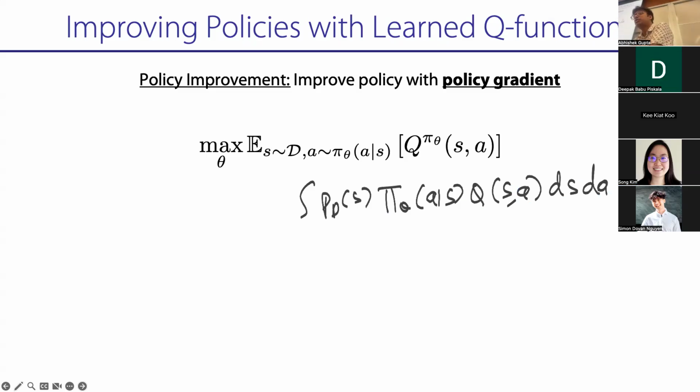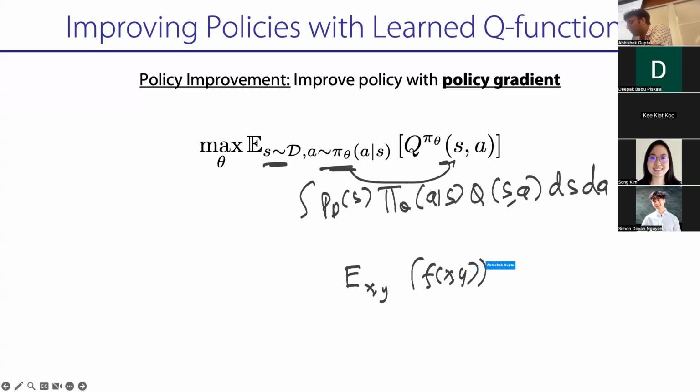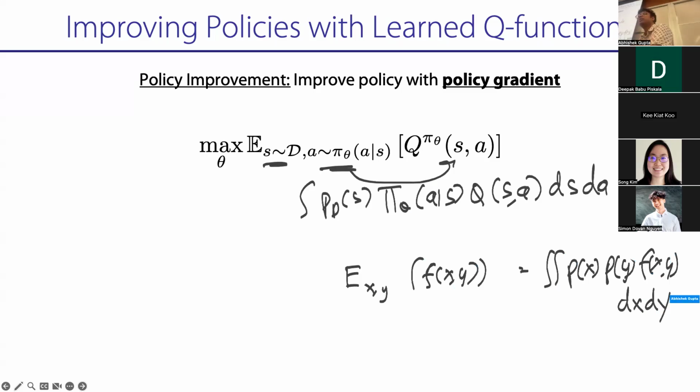To compute this expectation, you sample states from your data set, you sample actions from your policy, and then you stick S and A into your Q function. If I'm doing an expectation over X, Y of f of x, y, you can think of that as a double integral p(x), p(y), f(x, y), dx, dy. In this case, x is states, y is actions.